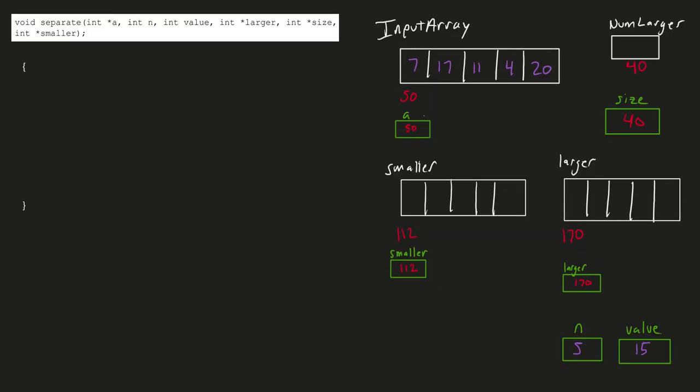So again, A points to the input array, smaller points to the smaller array, larger to the larger array, size points to the variable that will hold how many numbers are larger than that splitter value. And we got the length of the input array, and we have the splitter value itself.